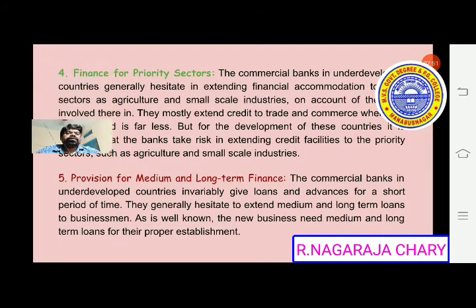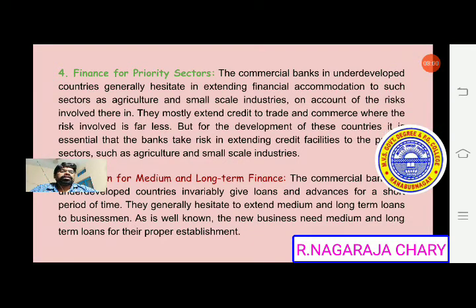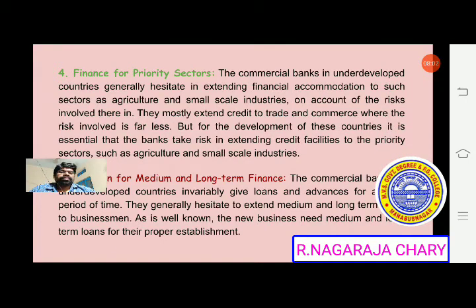And next one, finance for priority sectors. Priority sectors will be given preference by banks. The commercial banks in underdeveloped countries generally hesitate in extending financial accommodation to sectors such as agriculture and small scale industries on account of the risk involved.